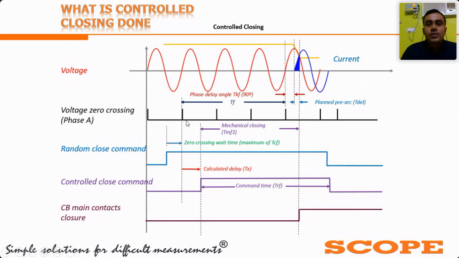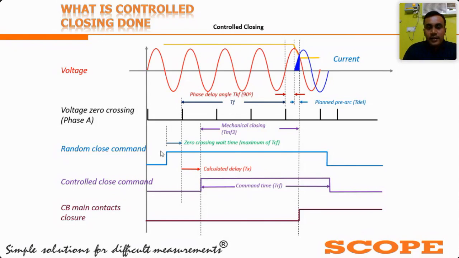So here we have synchronized it at voltage rising edge. Here we can see the instant when we have given the command with the help of TNC or BCU. Here you can see, here it is the random close command. Random close means we have given it through TNC or BCU directly.